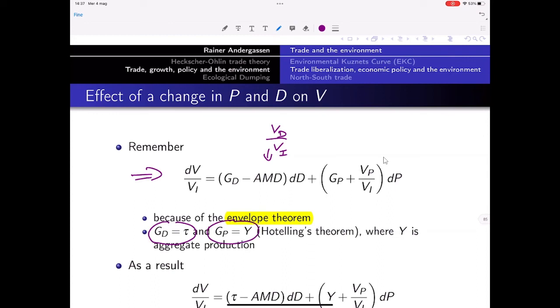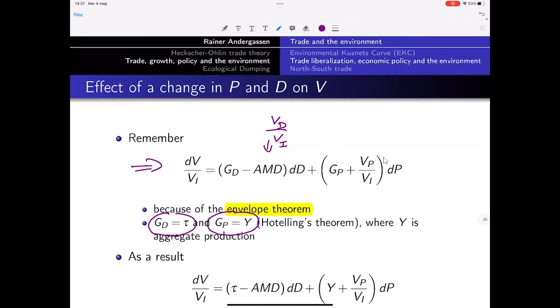Now, why is this the case? Remember the definitions I gave before. My G was equal to W L hat plus R K hat plus tau D. So if I take the derivative of G with respect to D, I know that D affects L hat and K hat, but these are, because of the envelope theorem, second order effects.